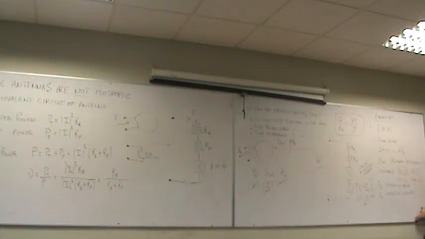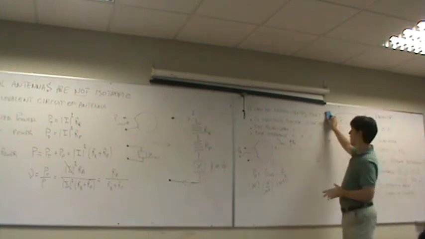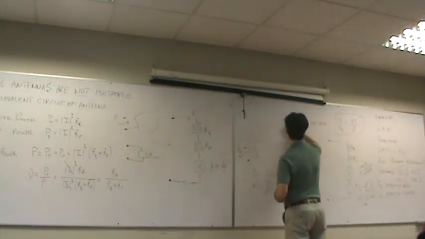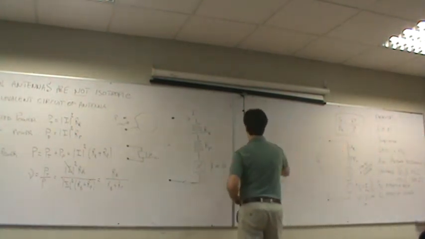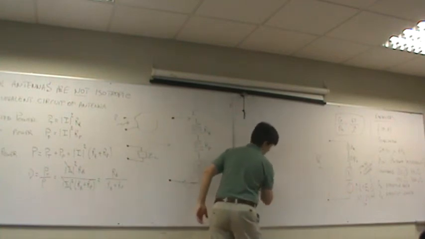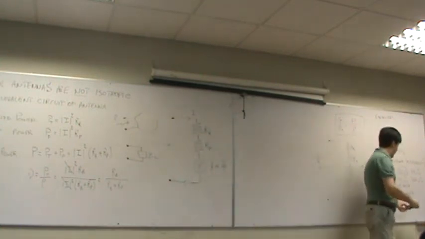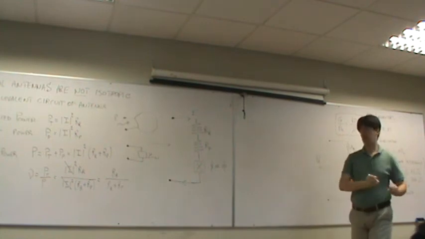If you have seen some circuit theory, you know that the maximum power that can be transferred to a load is called the available power of the generator.